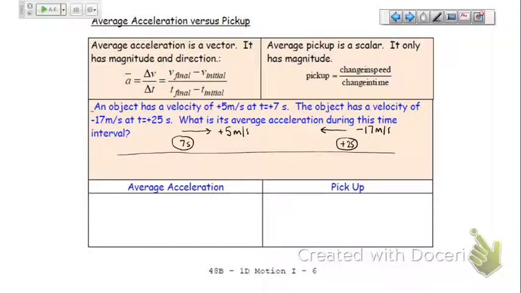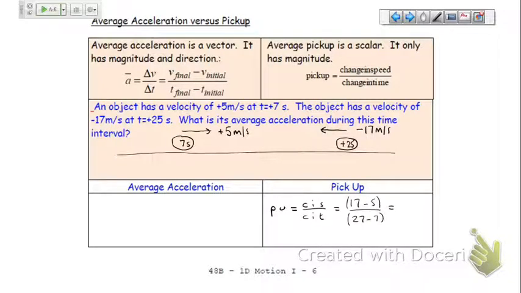The pickup would equal my change in speed over my change in time, which equals, well, that's a speed of 17, and that's a speed of 5, so that's 17 minus 5 over 25 minus 7.